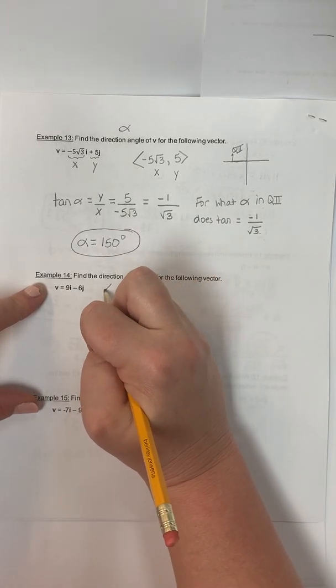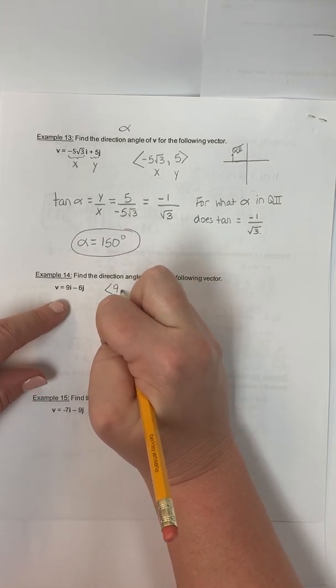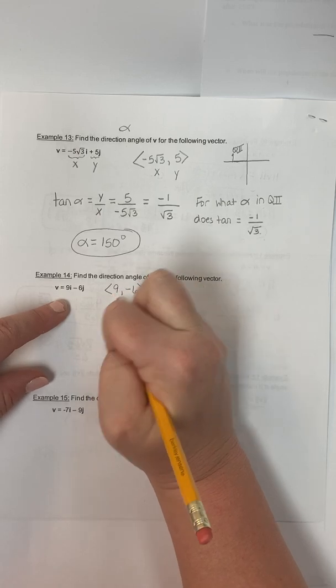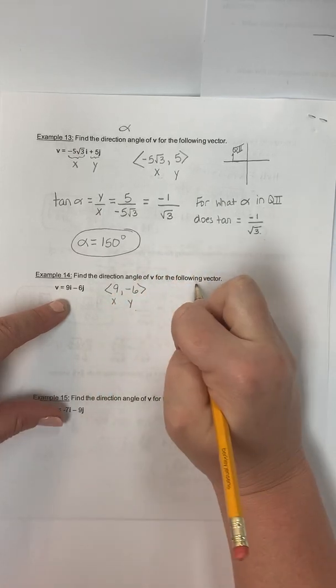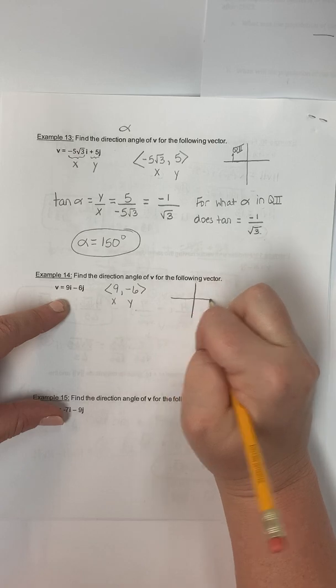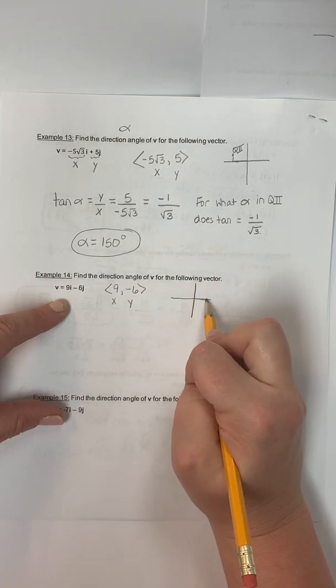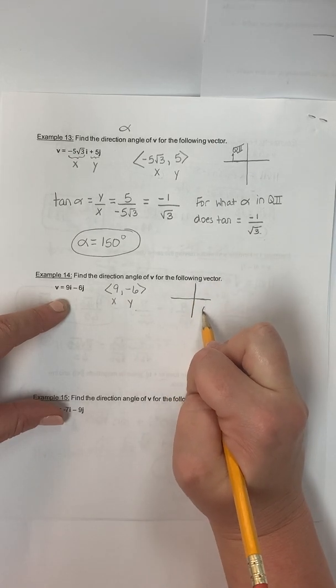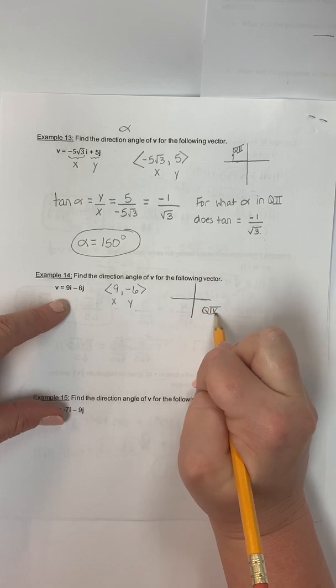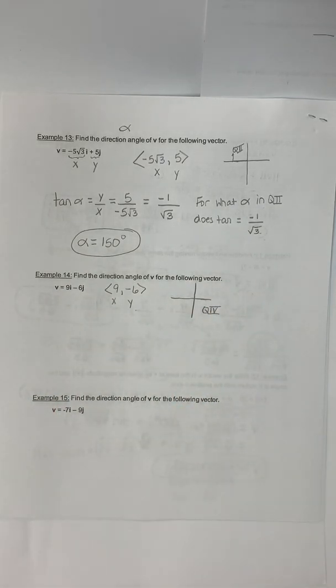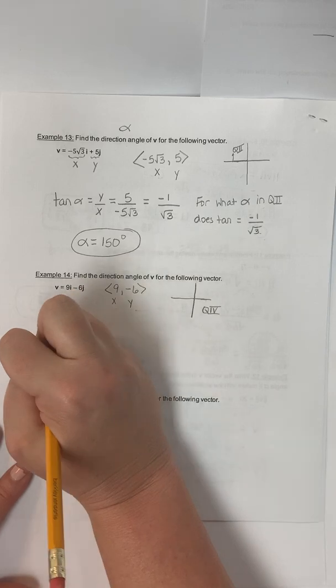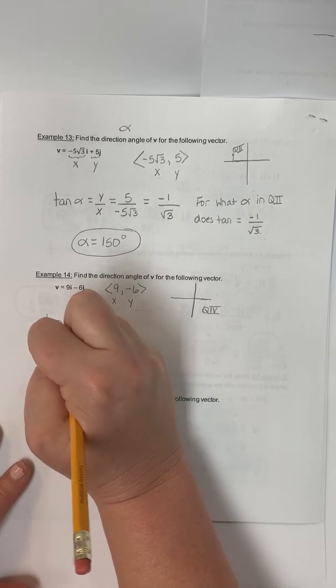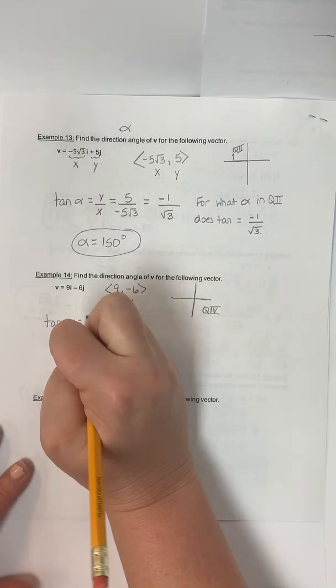So we need to make sure that we can do that. Okay, here we go. I've got an x of 9 and a y of -6. Let's check my quadrant. +9, -6. I'm going to be down here in quadrant 4. Okay. I'm going to do tan of alpha is y over x.